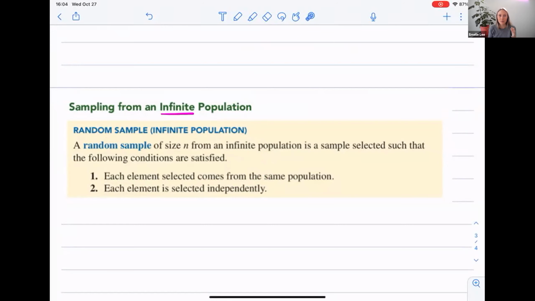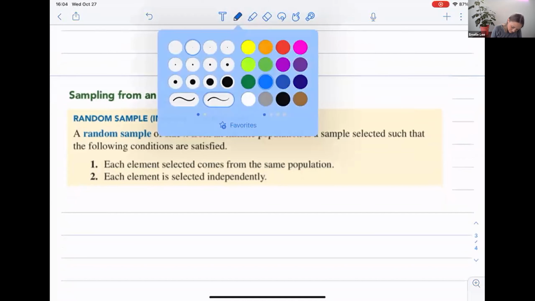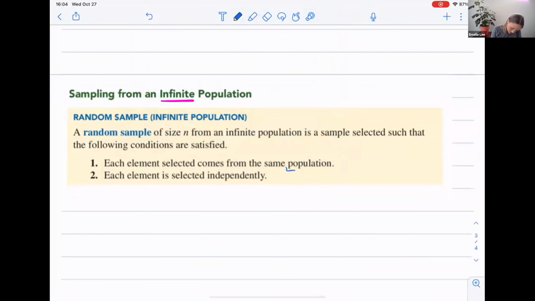A lot of the time people miss the mark. They try to select these outcomes from some population, but it turns out that the population they're targeting isn't necessarily the one they want to be talking about. And so, from the same population, the population that we are interested in studying.